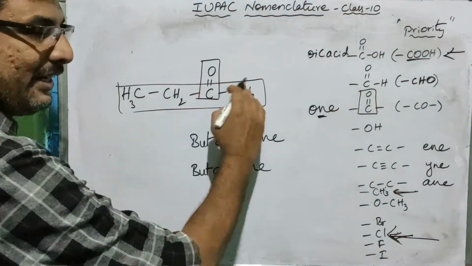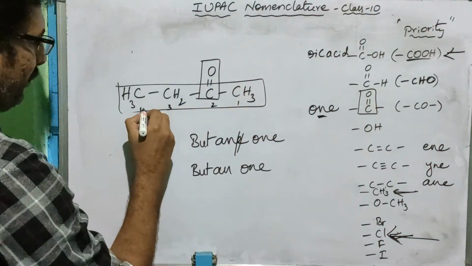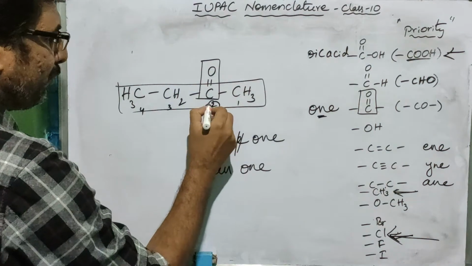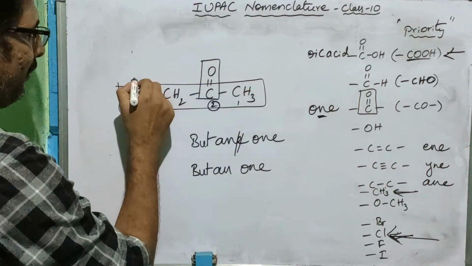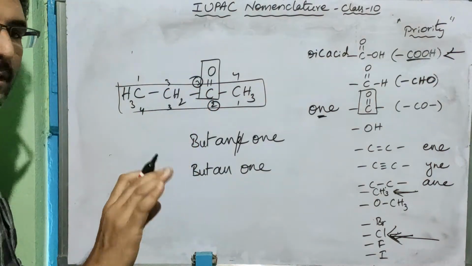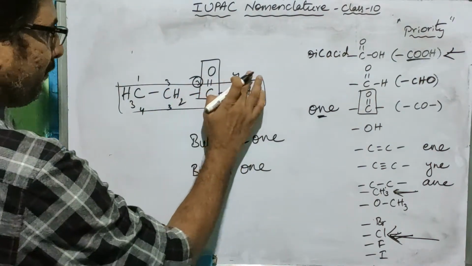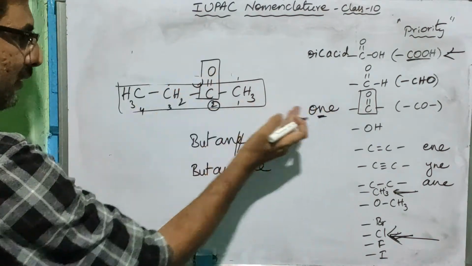It is on the right side. If you give numbering from the right side, 1, 2, 3, 4, you will get 2. If you give numbering from left to right, it is getting 3. Which is the lower number? 2 is the lower number. So you have to give numbering from right to left.